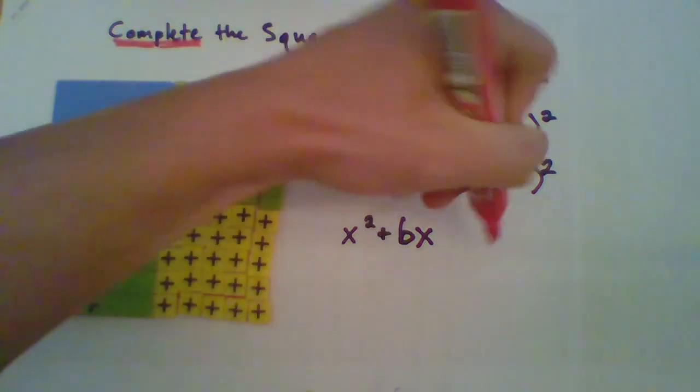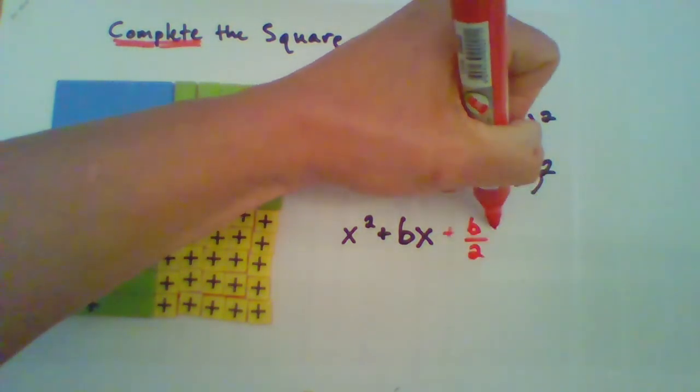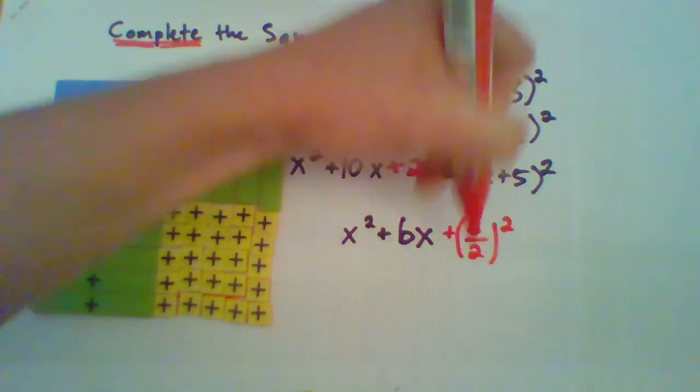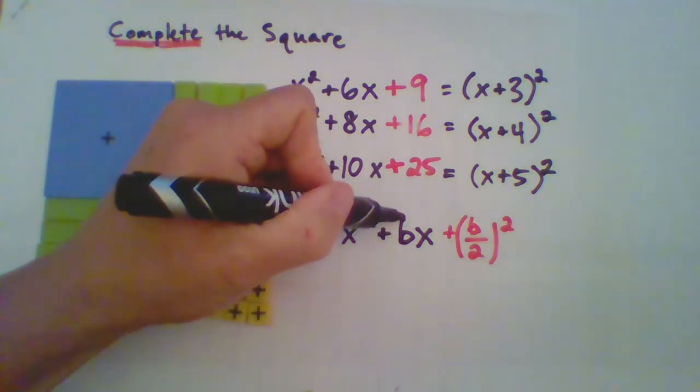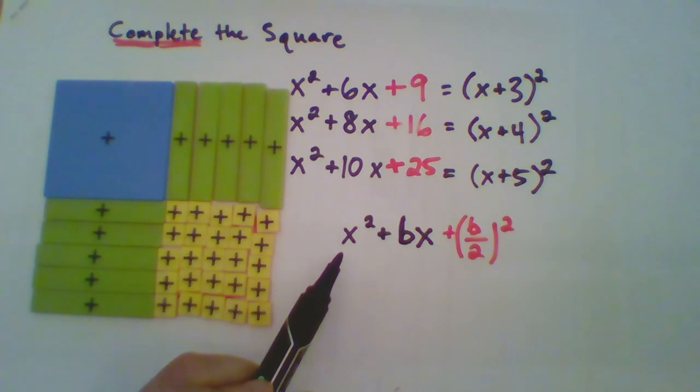So I'm going to write plus b over 2 squared. Okay, and then that works no matter what number you have for b. The trick here is the x squared must be 1. We'll talk later about what you do when you have an x squared that's not equal to 1.